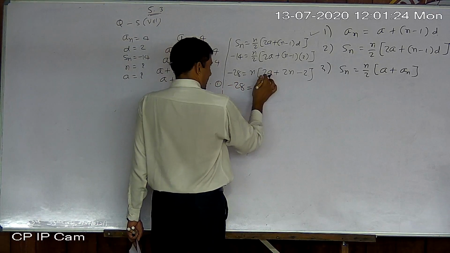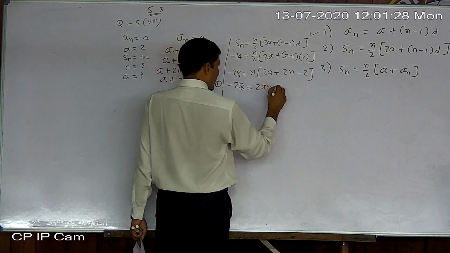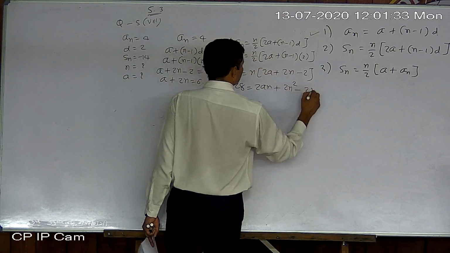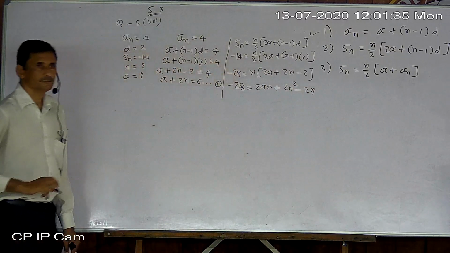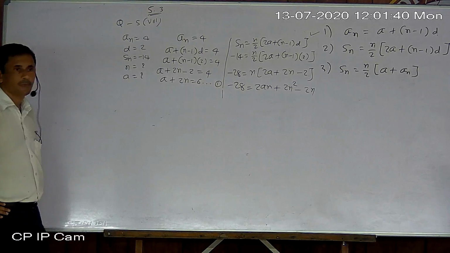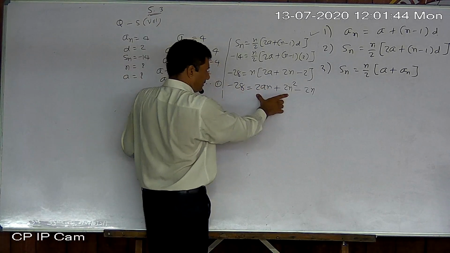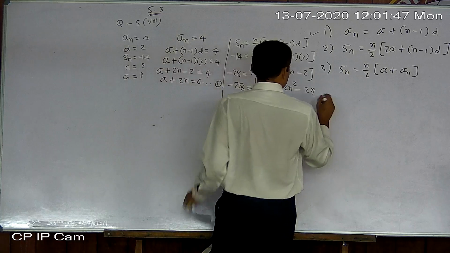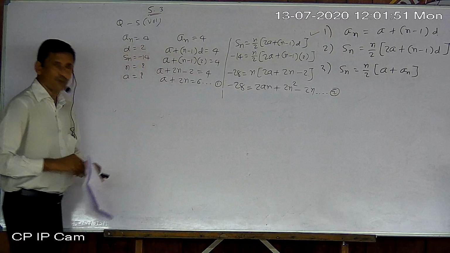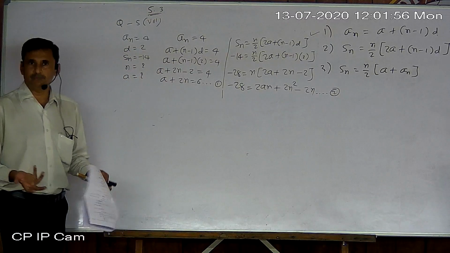Here 2an, no like terms inside the bracket, plus 2n square minus 2n. But be careful here. These are not linear equations. So by the elimination method we cannot solve it. So we have to solve it by the substitution method. But what is the substitution method?